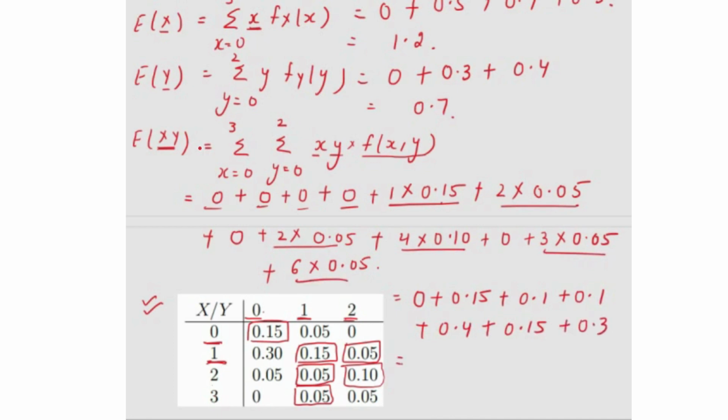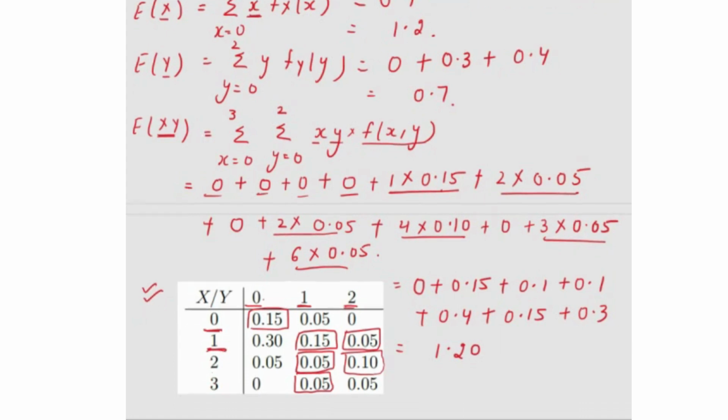So expected value of xy equals 0 plus 0.15 plus 0.1 plus 0.1 plus 0.4 plus 0.15 plus 0.3 plus 0.3, and this is 1.2. So this is the expected value of xy, which is 1.2 only.